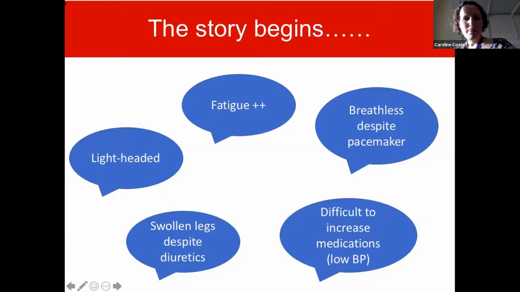He'd come to Edinburgh to have a pacemaker. And despite his pacemaker, he didn't feel that it had made too much difference to his ability to go out and walk and climb in the hills. And after much investigation and a heart biopsy, this chap was found to have amyloidosis.